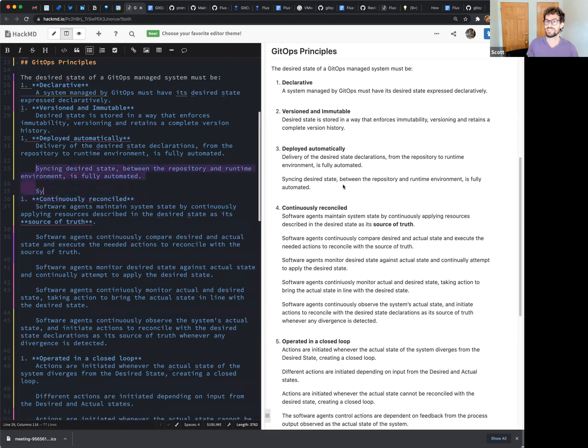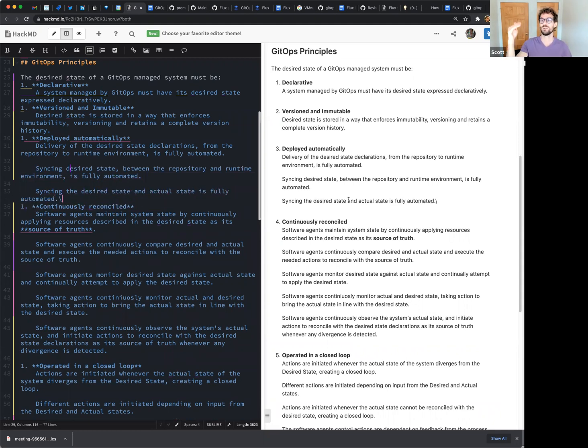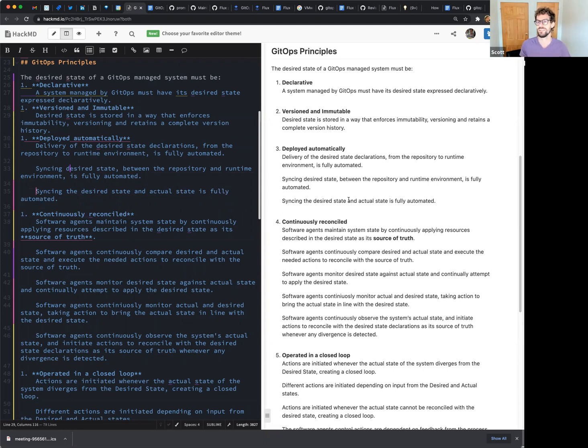I don't think that sounds okay, but I think it reads weird, because we want to make clear, when folks read this, they're still learning this stuff, right? Even people in the GitOps working group were often describing the desired state as the repository itself, but that doesn't totally make sense linguistically, because the desired state is the source of truth, and the storage of the desired state is essentially a repository.